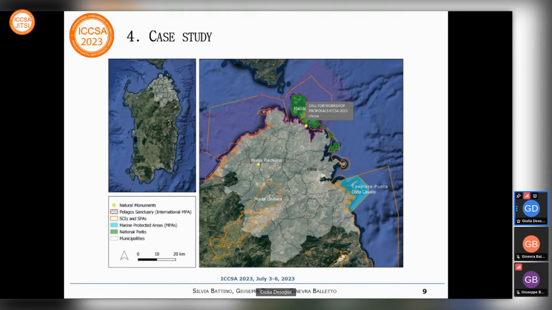This last case study covers a land area of 5,000 hectares and a marine area of approximately 15,000 hectares. And there are 62 islands and islets with a total of 108 kilometers of coastal development.